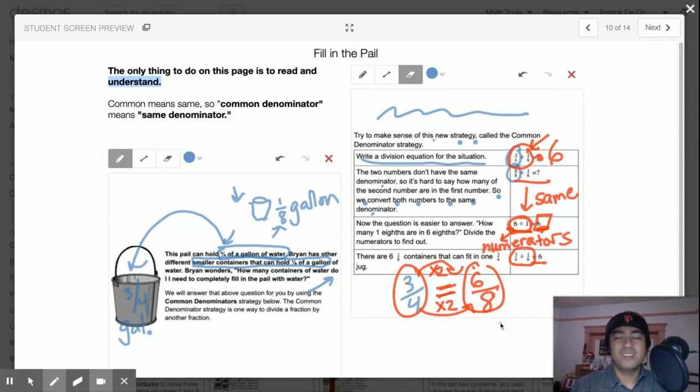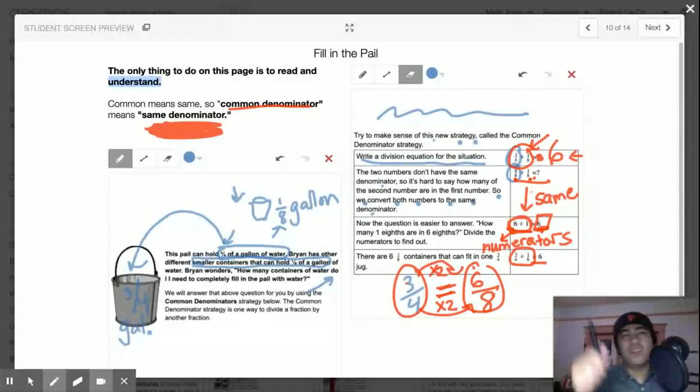Okay? This is called common denominator strategy because common denominator means same denominator. And so all they did was take this problem in the beginning and make the denominators the same. Make these denominators the same. And in this example, the denominator was 8.